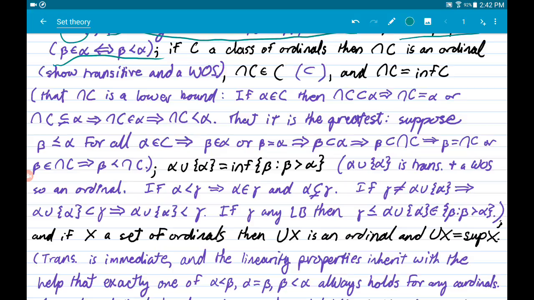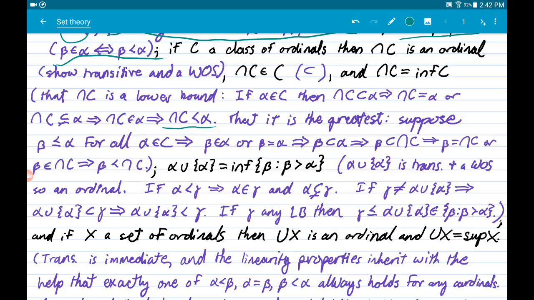Okay. From here, we either get equality or a strict subset, and if we have equality, that would be adequate. But if we have a strict subset, then we get inclusion, and then we get the less than relation, which shows that the intersection over C is less than or equal to alpha.